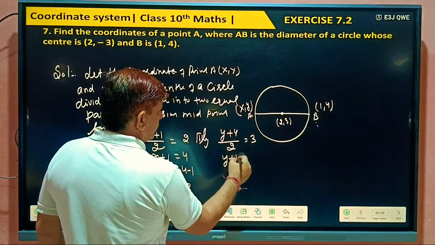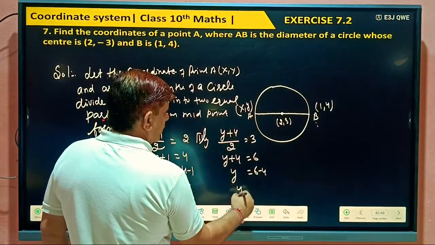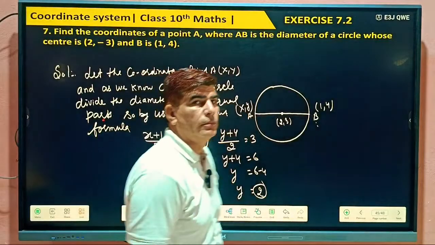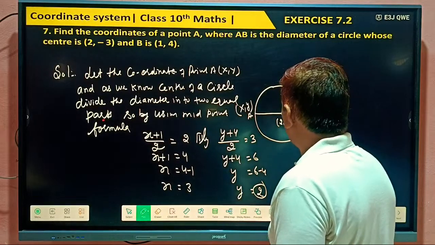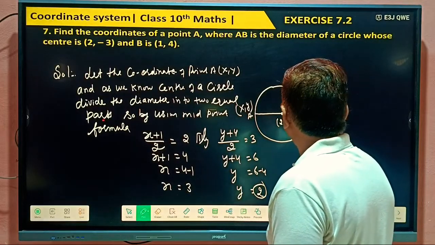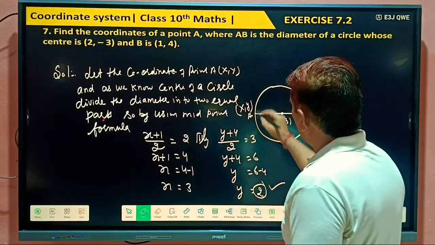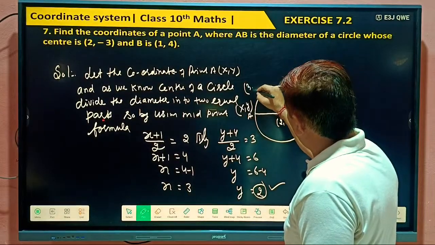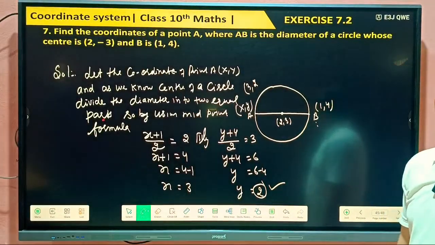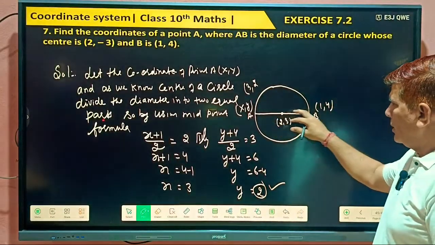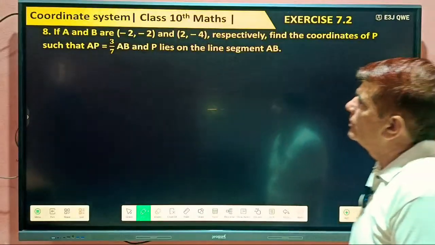So y plus 4 equals 6, y equals 6 minus 4, so y equals 2. So the coordinates are 3 and 2. Understood? Only this point is the center that divides this diameter into 2 equal parts, and the remaining you have to use the midpoint formula.